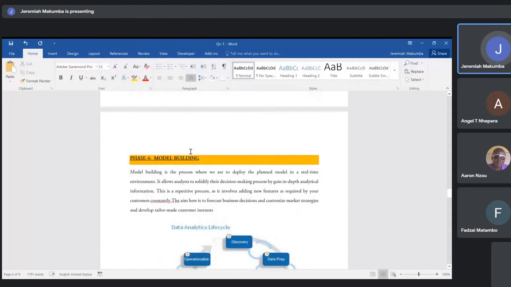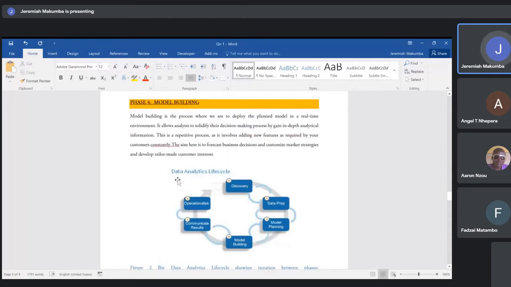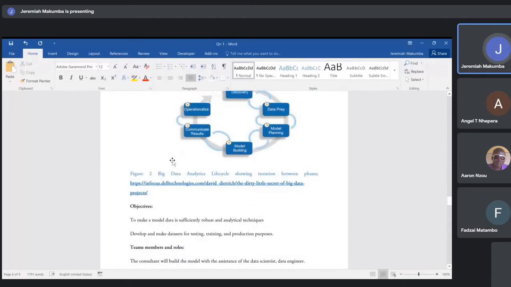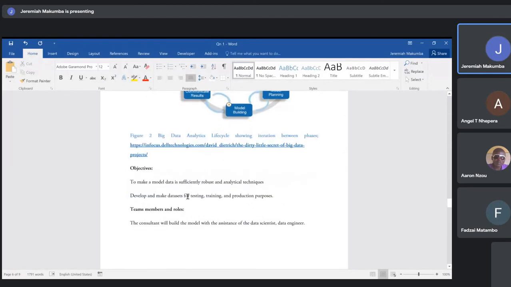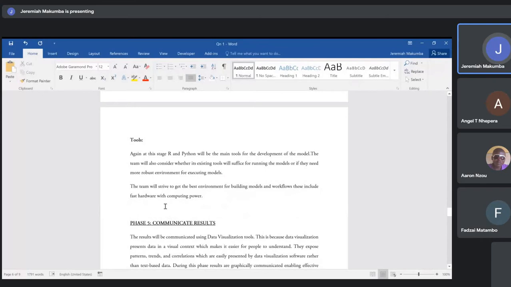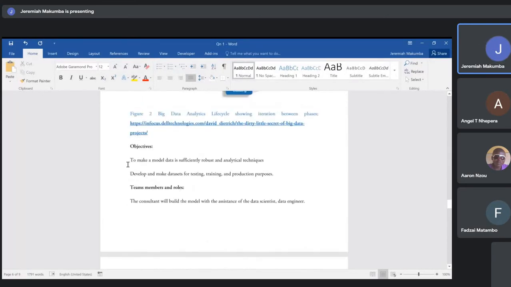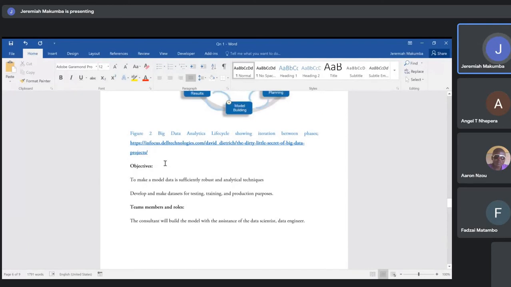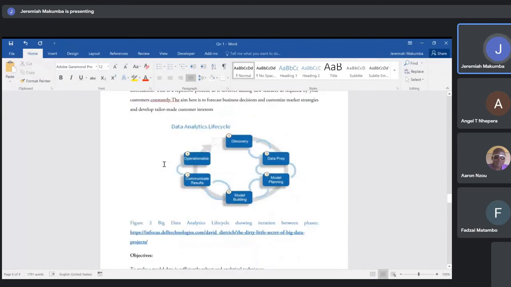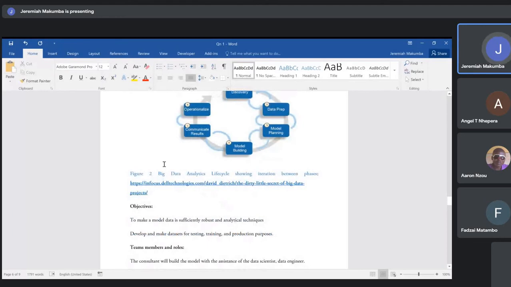So on this phase of model building, we are going to apply again the OTTD, which is the objectives, team members and their roles, then the tools and the data sources on this one, right? The objective for model building is to ensure that the model data is sufficiently robust and analytical techniques are employed.